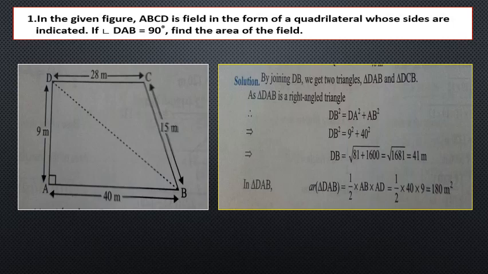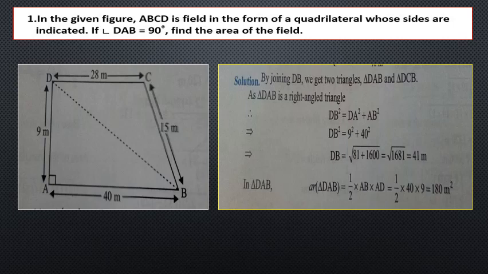Question number 1. In the given figure, ABCD is a field in the form of a quadrilateral whose sides are indicated. If angle BAD is equal to 90 degrees, find the area of the field. A figure is given, children, quadrilateral ABCD.